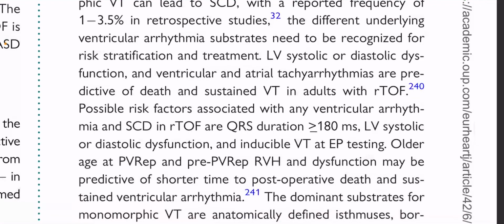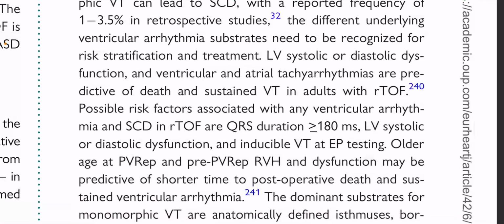LV systolic or diastolic dysfunction and ventricular and atrial tachyarrhythmias are predictive of death and sustained VT in adults with repaired TOF. Possible risk factors associated with any ventricular arrhythmia and sudden cardiac death in repaired TOF are QRS duration more than or equal to 180 milliseconds, LV systolic or diastolic dysfunction, and inducible VT at EP testing.